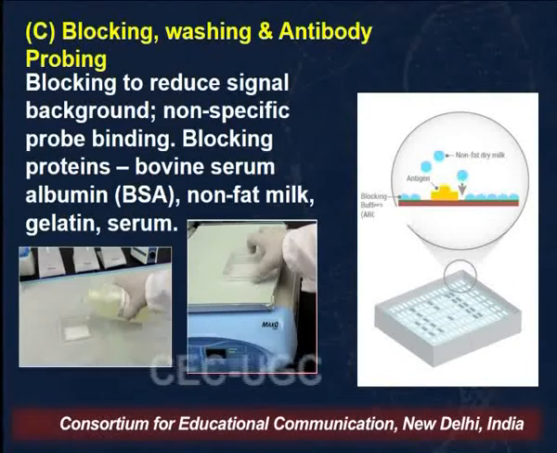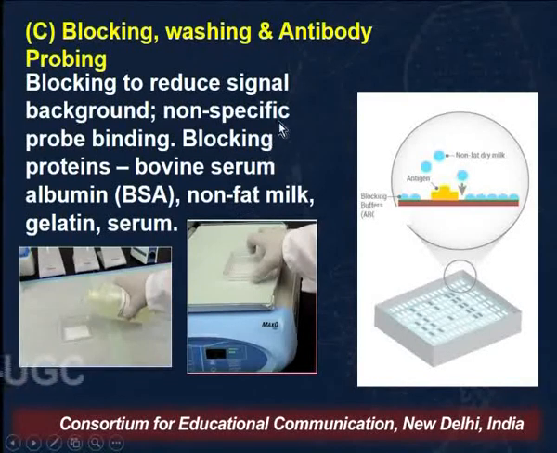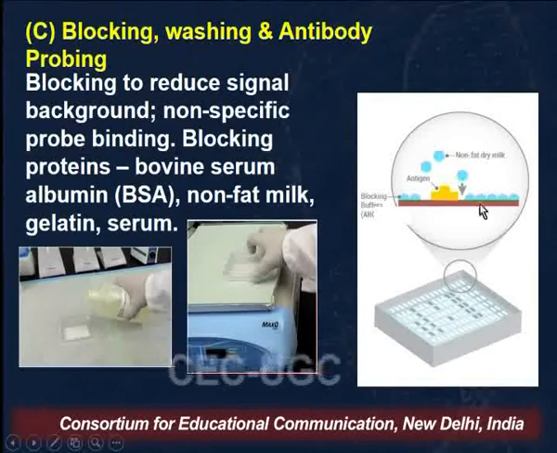So you use blocking proteins such as BSA, which is bovine serum albumin, or non-fat milk, or gelatin serum. In this inset you can see what happens: this is going to occupy all the parts of the membrane which do not contain any protein.